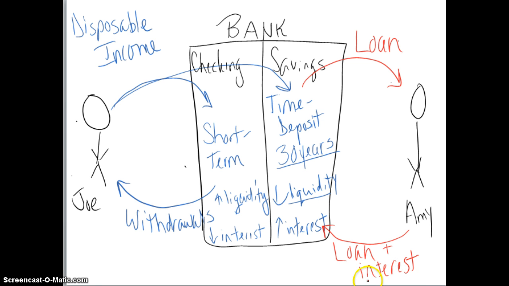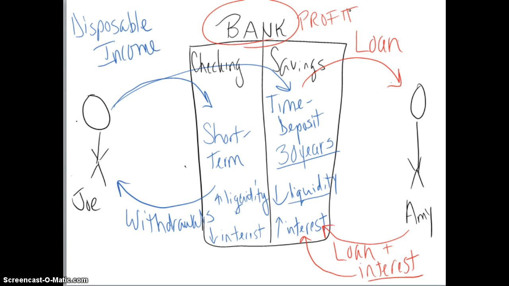The interest in this case is money that Amy is losing. A portion of the interest is given to Joe, almost like a thank you from the bank for letting us use his money to loan to Amy. And the remainder of the interest goes to the bank itself and serves as the bank's profit.